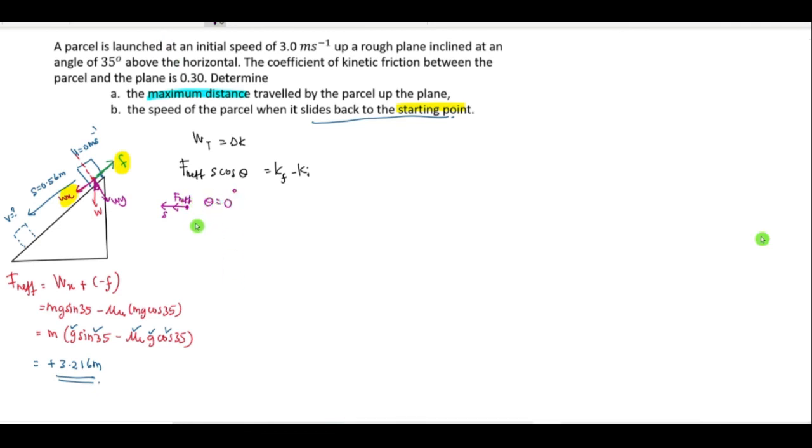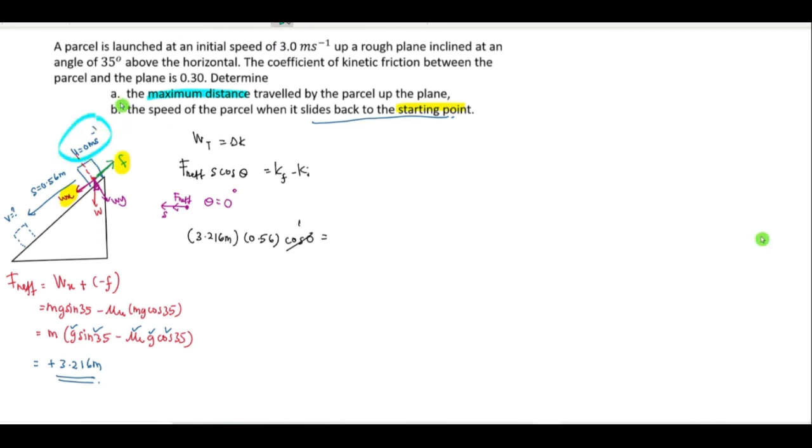Okay, so now let's start the calculation. F net, we substitute 3.216 m. s kita dah tahu, object to travel back to its starting point. So s is equal to 0.56 meter. Okay, cos 0 equal to 1. And K final minus K initial. Remember, for this case, the starting point is here.